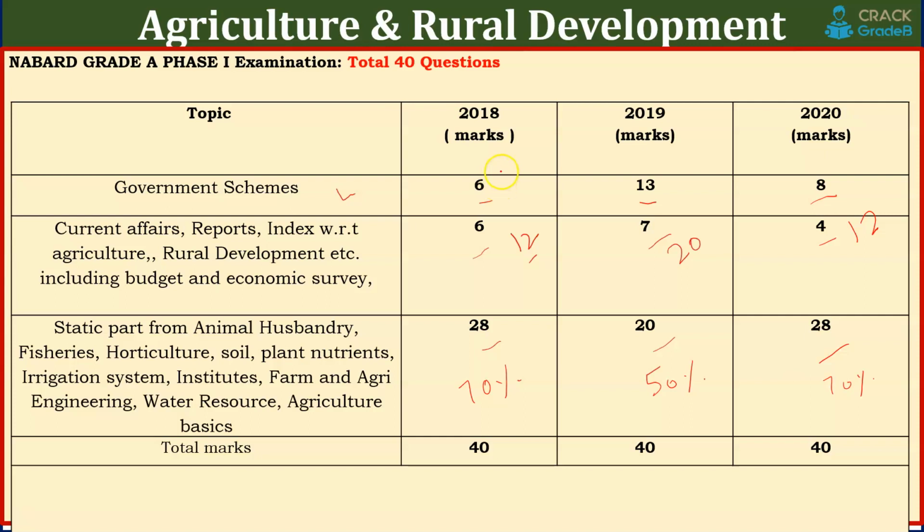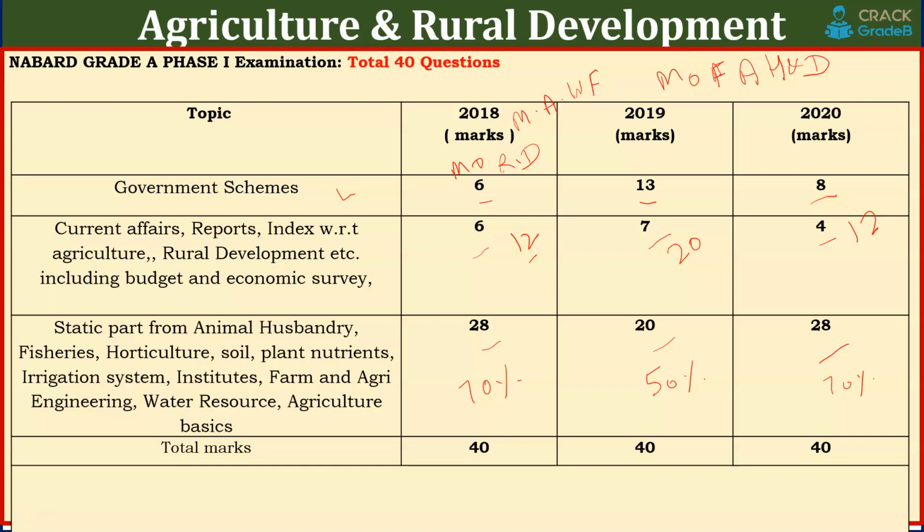And for government schemes, mainly the Ministry of Rural Development, the Ministry of Agriculture and Farmer Welfare, and the Ministry of Fisheries, Animal Husbandry and Dairying. These are the main ministries from where they have asked questions.